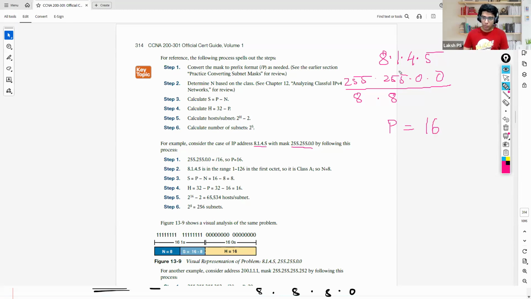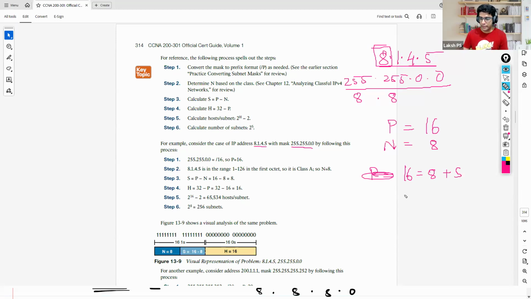Now, this IP address is a class A IP address. And in a class A IP address, how many network octets are there? There is only one network octet, so network bits will be 8 bits. We know that the P bits, or 16 bits, include the 8 network bits plus the subnet bits.